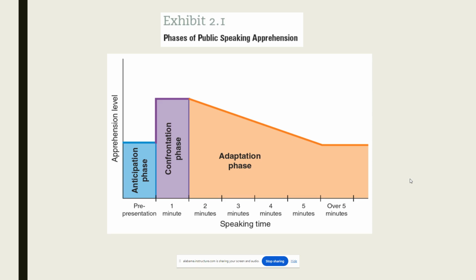Your senses are going to be awakened. That's why you're more in tune with what's going on in the classroom at that moment. We're going to send a little less of that blood supply up here, and also a little bit less to digestion and things of that nature. Because we don't need so much to digest, your mouth is going to get dry. So physiologically, you're going to feel these things.